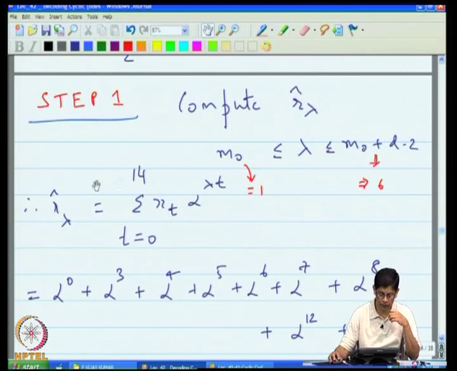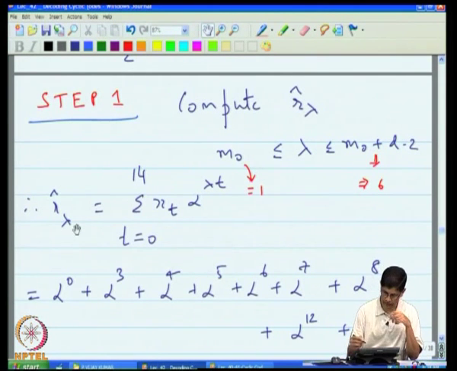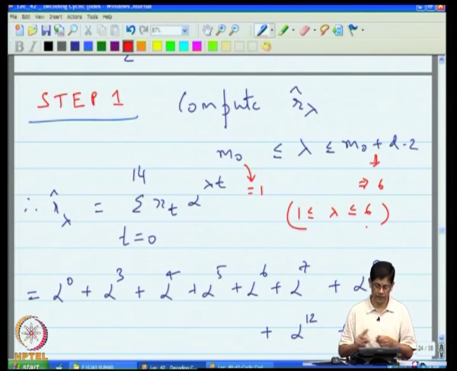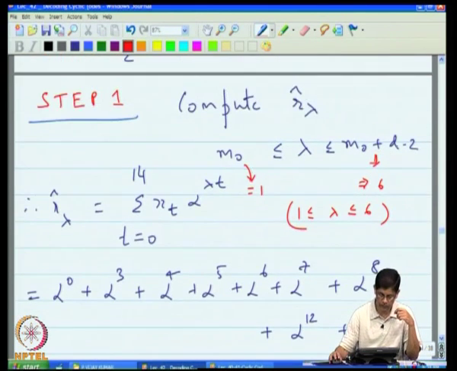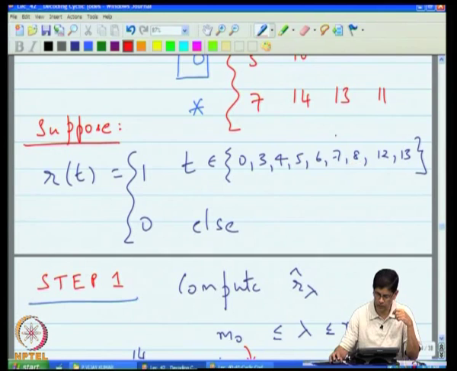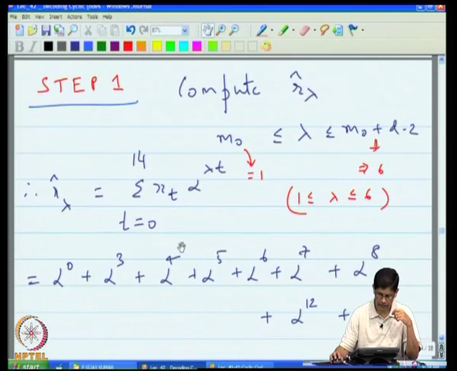So, you want to compute the transform for lambda ranging from 1 to 6. Okay, so that is your range of interest. Now, since r of t is non-zero precisely at these time instants, that means that you have to actually compute this.